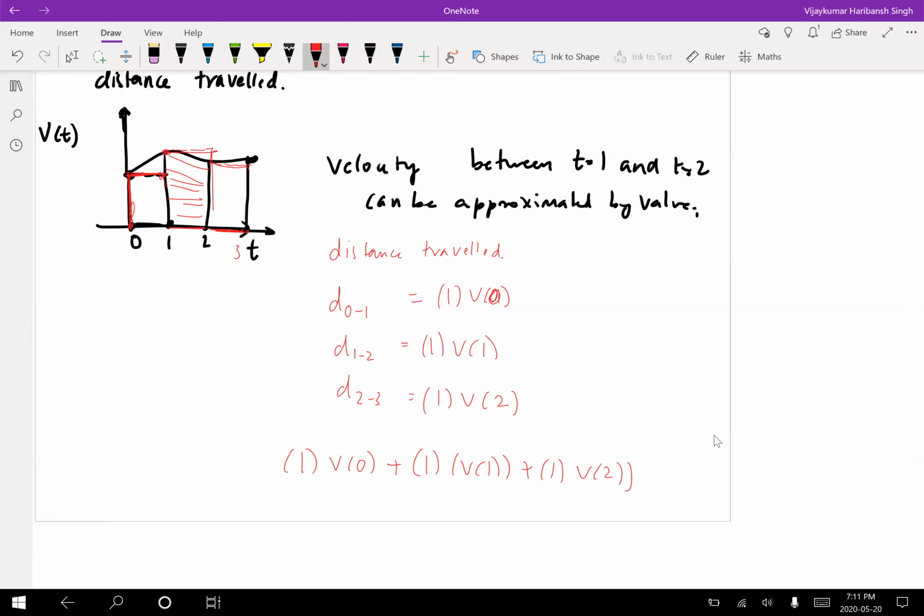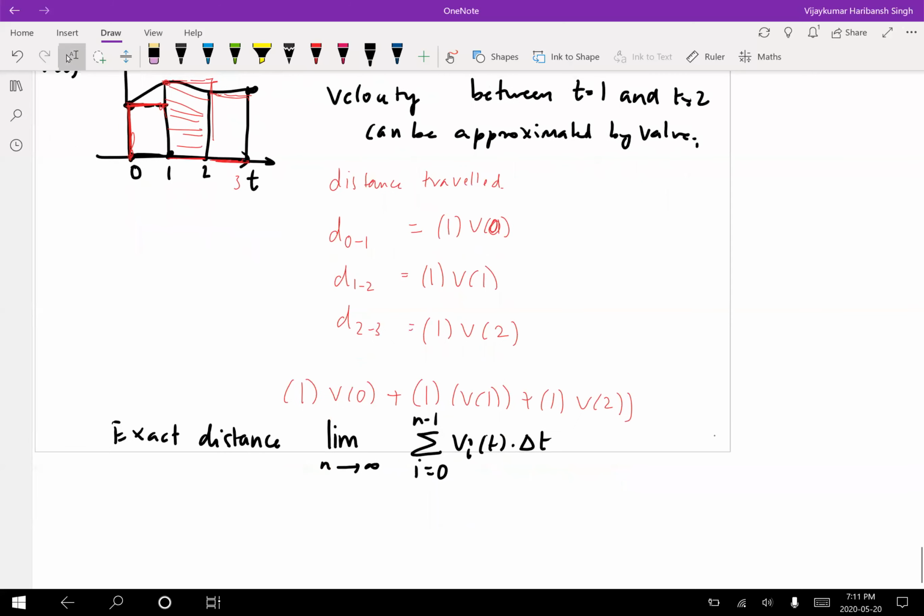In fact, if you want to have an exact estimation of the distance, we'll do as we did with the Riemann sum. So exact distance is going to be, you take either the left hand sum, in that case it is going to be the limit as n goes to infinity of the summation i equals 0 to n minus 1 of v of t_i times delta t, or if you use the right hand one, it's going to be the limit as n goes to infinity, summation i going from 1 to n of v of t_i delta t.